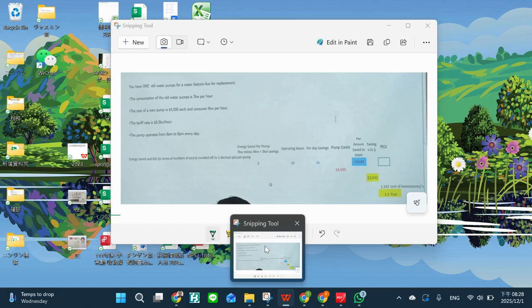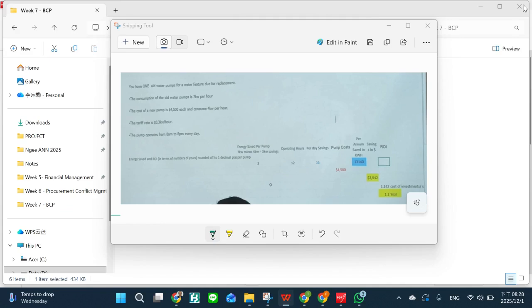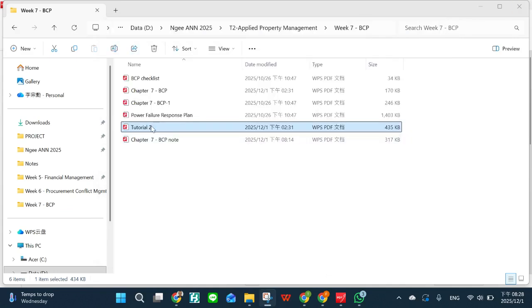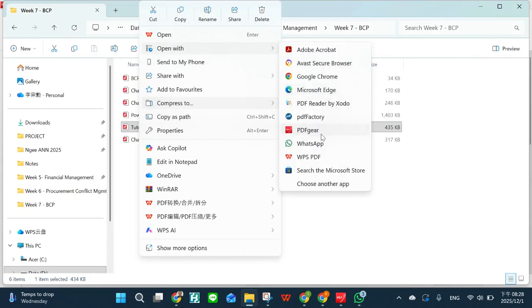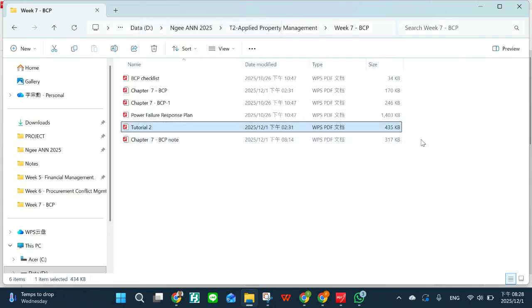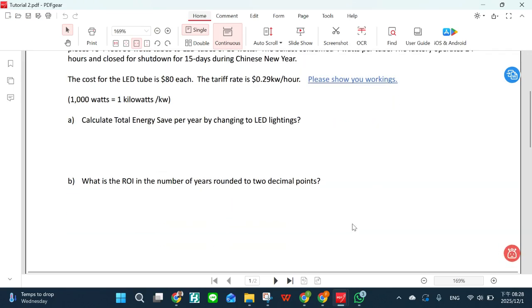So the question is, how much in total is the energy saved? So we need to multiply by 12 hours because the pump operates 12 hours per day. 3 times 12 is 36 kilowatt hours. So you save 36 kilowatt hours per day by changing to the new pump.